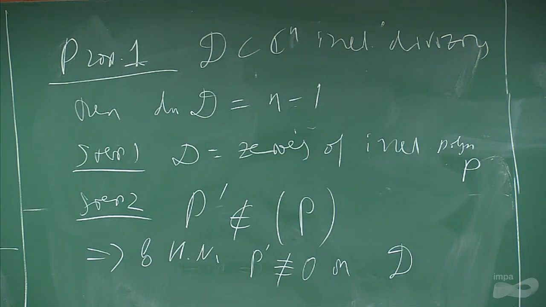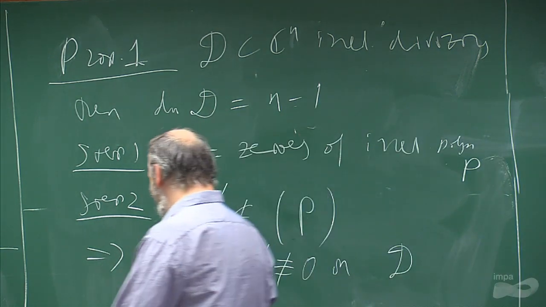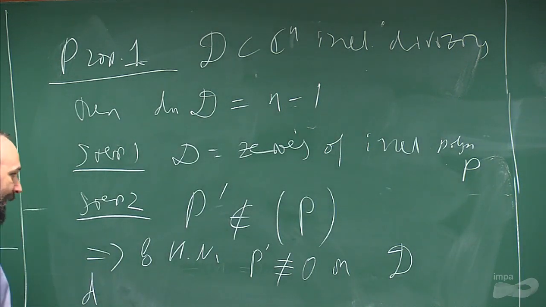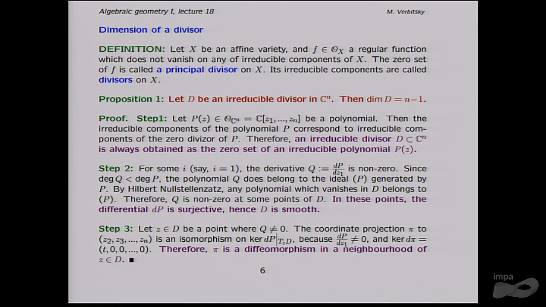Okay. And then this means that, well, sorry, I'm doing something wrong. It's d by dzi of p. Because we can take the derivative in any variable, of course, it could be 0.